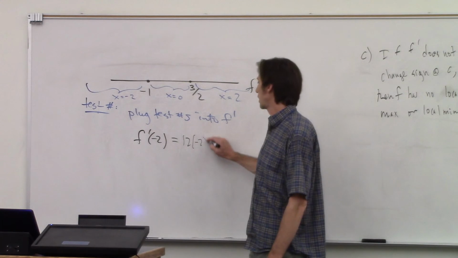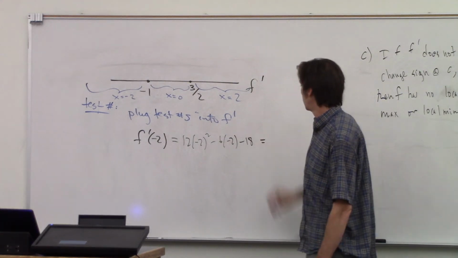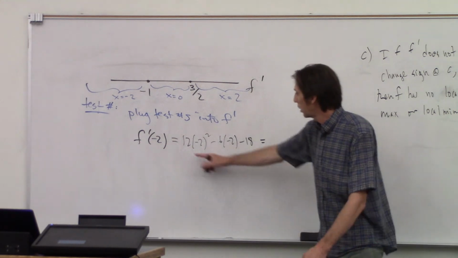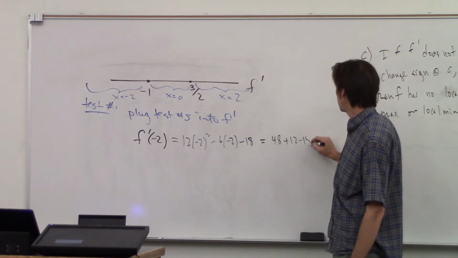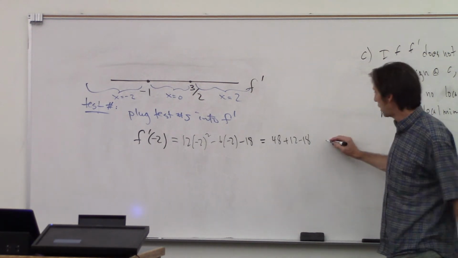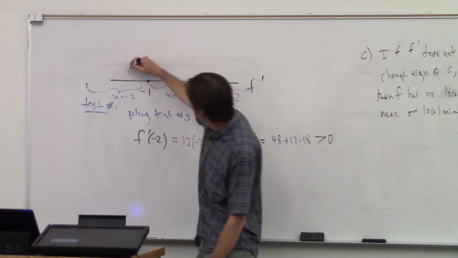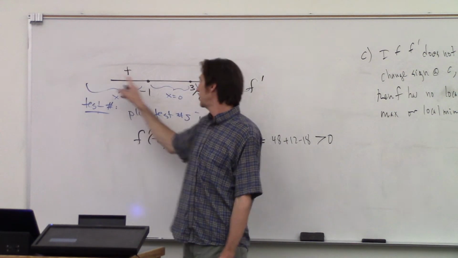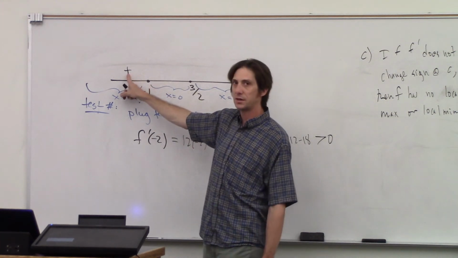I get 12 times -2 squared minus 6 times -2 minus 18. And we can compute what this is. 12 times 4 is 48, plus 12 minus 18. I don't really even care what the number is, but I see that it's positive. Right? So that means from minus infinity to -1, my derivative f prime is positive.